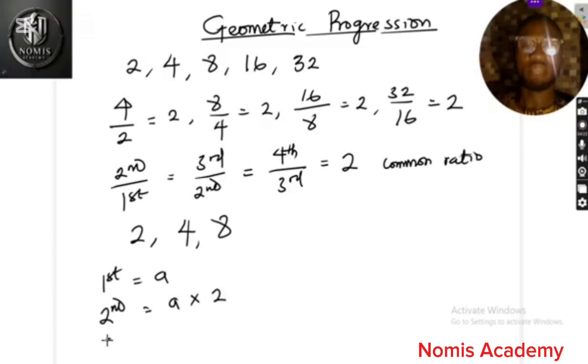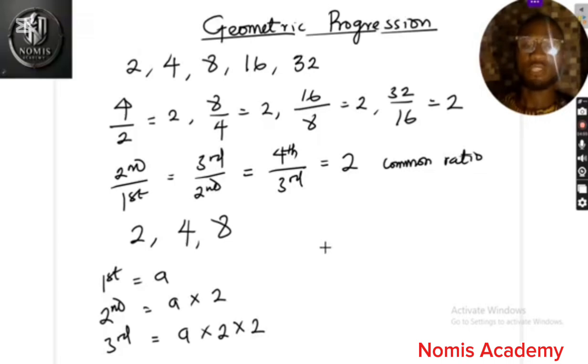And the third term is A multiplied by what now? Multiplied by 2 times 2.